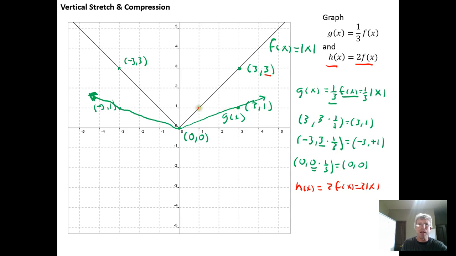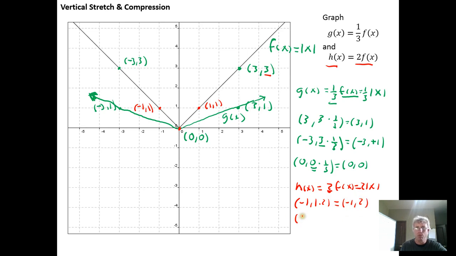So what I'm going to do is grab a different lattice point, one that's convenient for the mapping that I'm doing. So this is the point negative 1, 1, the point 1, 1. The origin is still a good point to grab, and then just map those points. Where does negative 1, 1 go? Well, this output 1 has to be multiplied by 2, so this point becomes the point negative 1, 2.